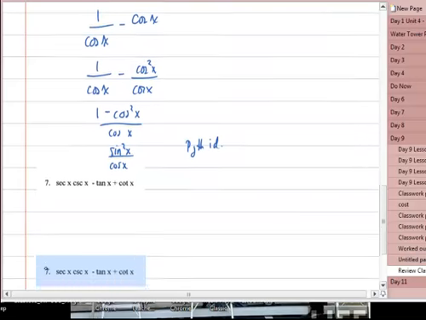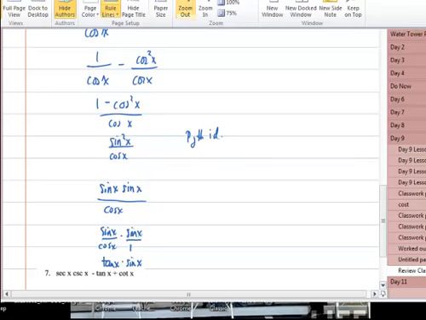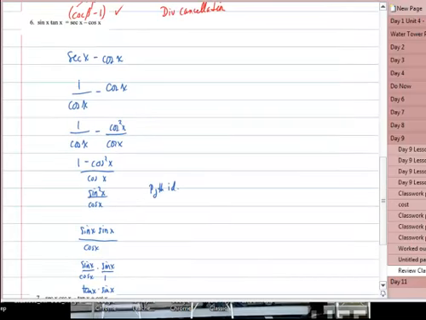Make a little bit of room, and then we can say that you can rewrite sine squared of x as sine of x times sine of x over cosine of x, which turns into sine of x over cosine of x times the sine of x over 1, which is the tangent times the sine. And if we zoom out a little bit, that's what we were trying to prove the identity was going to become.